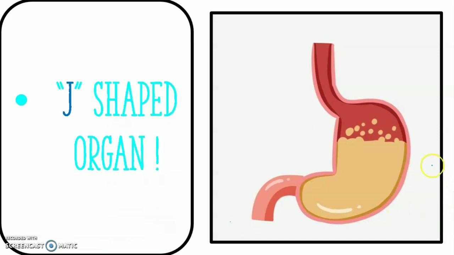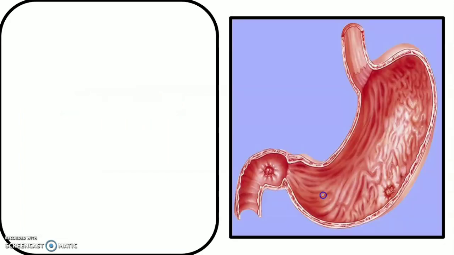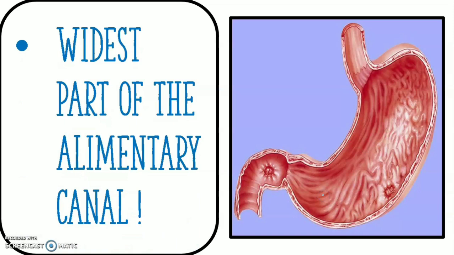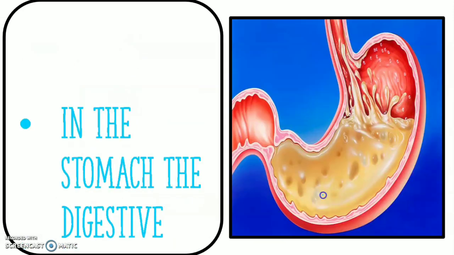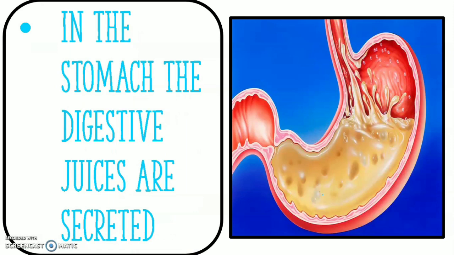So, the stomach is a J-shaped organ. Do you see a J? And it is the widest part of the alimentary canal. In the stomach, the digestive juices are secreted.